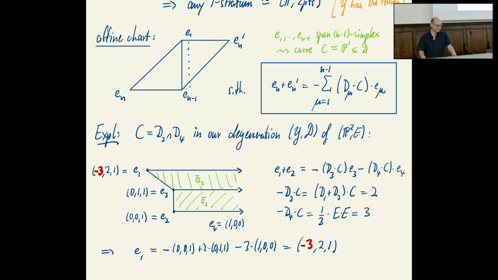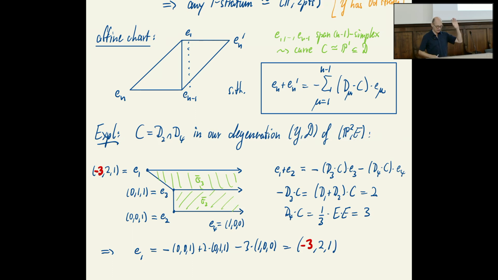D4 times C is, I think I got the sign wrong here. Is that possible? I'll double check later, but I think it should be D4C. Yes, D4C is right. We get a -3. Okay, so D4 is this elliptic curve, and C is one component of the elliptic curve. So 3 times C is the elliptic curve itself.